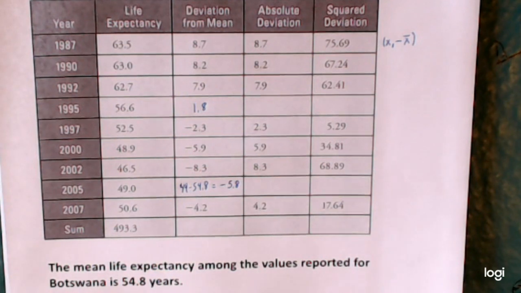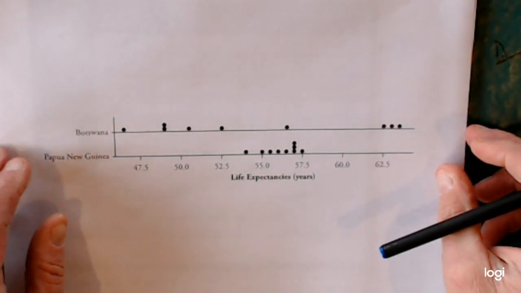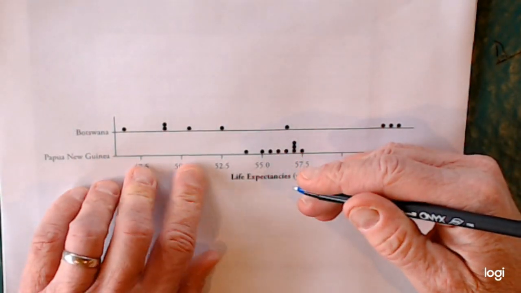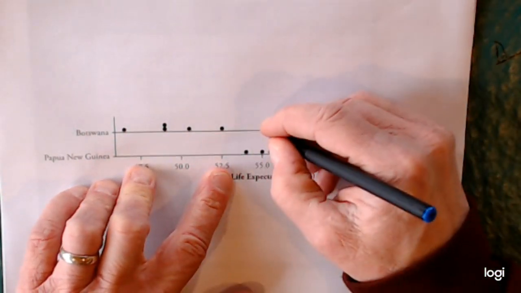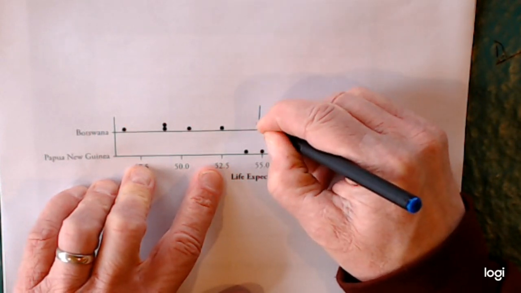Now why do we care about this at all? That's a great question. So let's just look at our dot plot for a second. Ignore Papua New Guinea and just think about Botswana. The mean for Botswana was 54.8, so right about here.